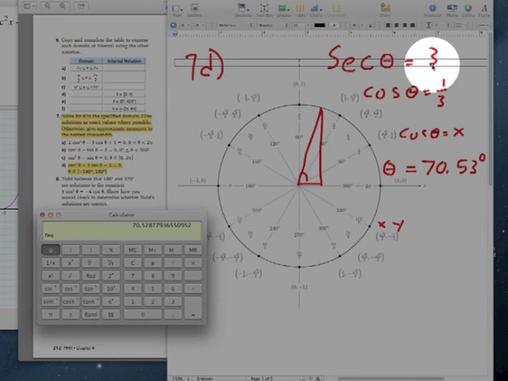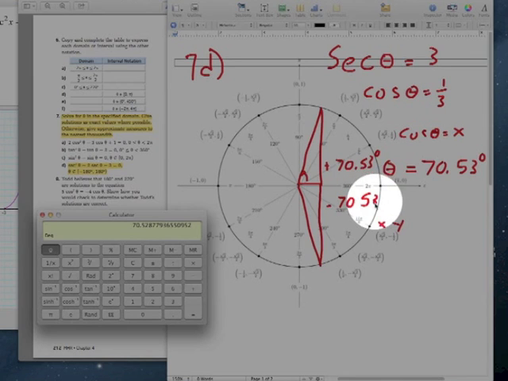This is a positive x, so that'll work too, which means that our other one is going to be here in quadrant 4. So it could be positive 70.53 degrees or negative 70.53 degrees, right? Because we're just taking it in both systems.